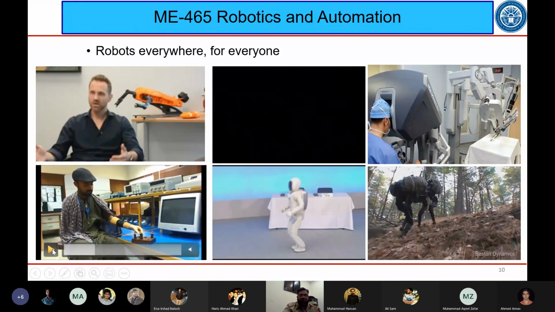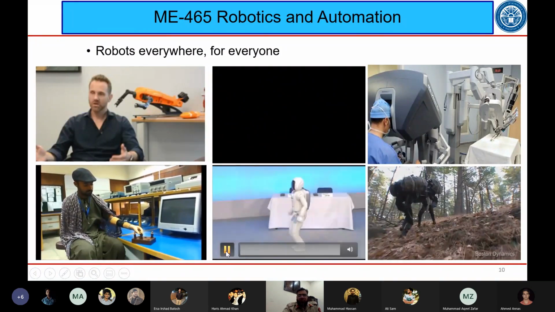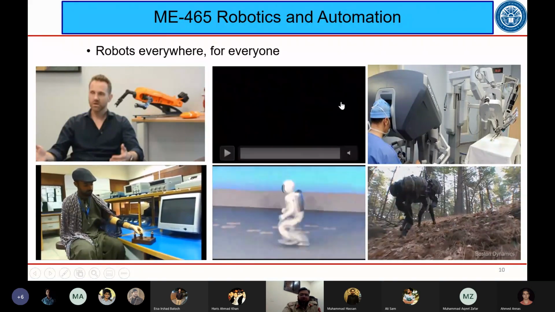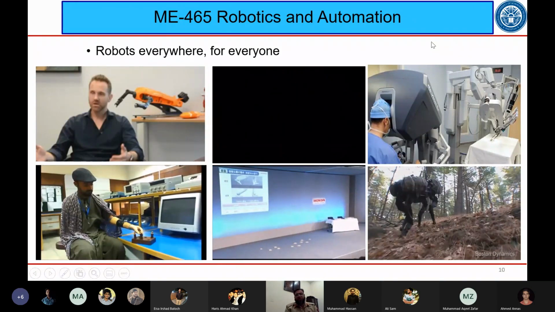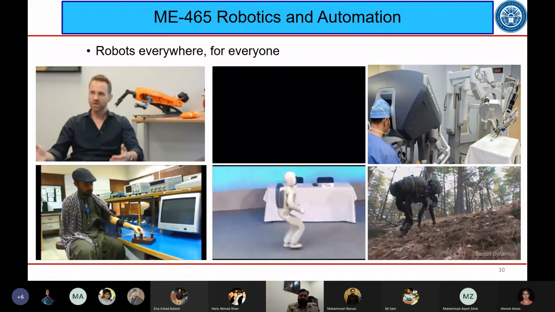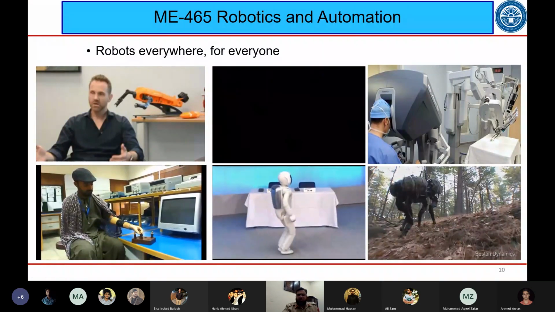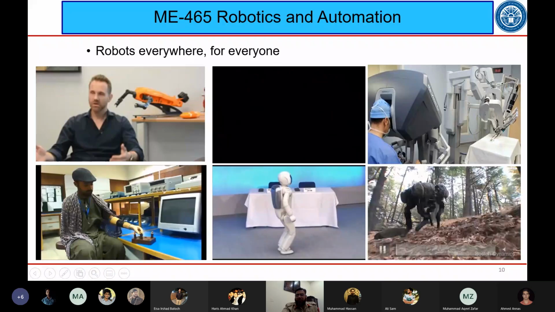I'll just stop here. This is the humanoid robot. This is called Asimo, which you can see on your screen now. Honda Japan has made this robot, and this is called a humanoid. A lot of applications and research is going on in this. And these are the four-legged robots.